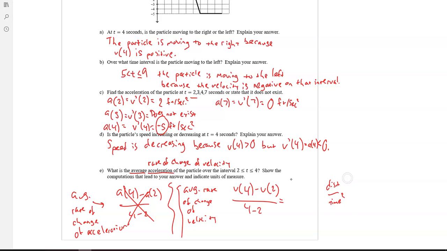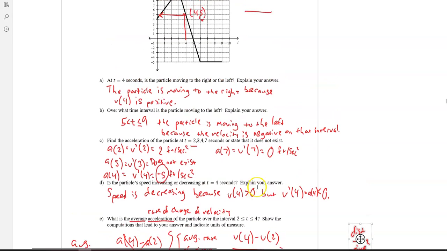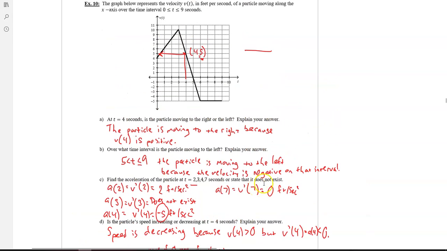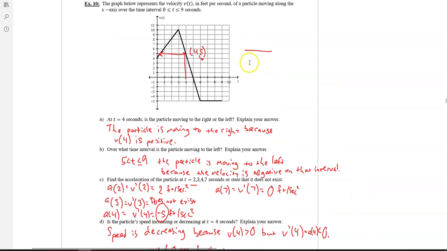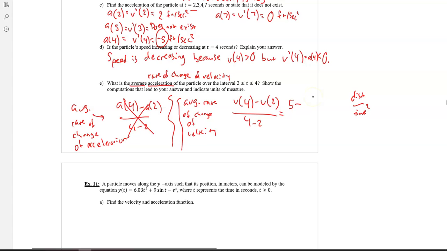Okay, so let me show you again. So v of 4, we have to go back up here to the graph. So v of 4 we said was 5. V of 2, and then 8. Over 4 minus 2. So that gives negative 3 over 2.